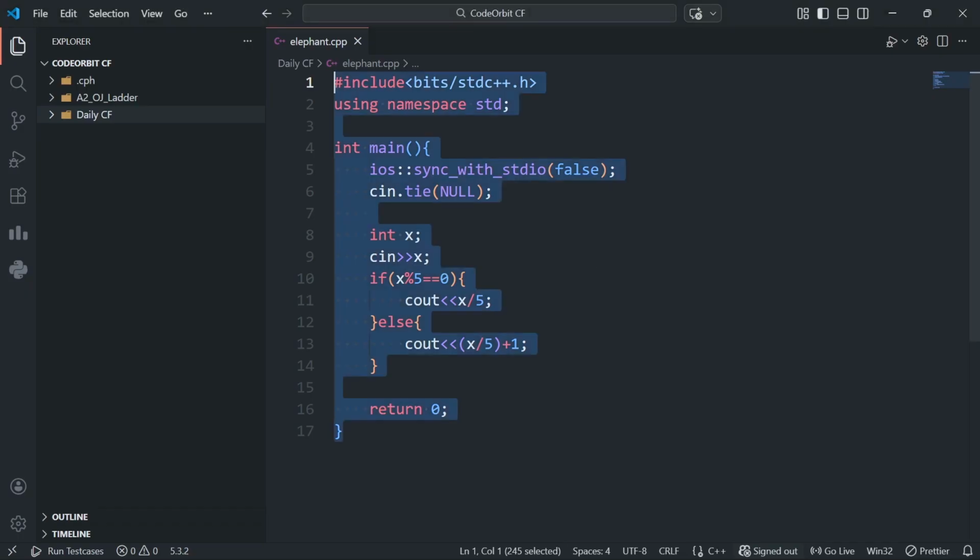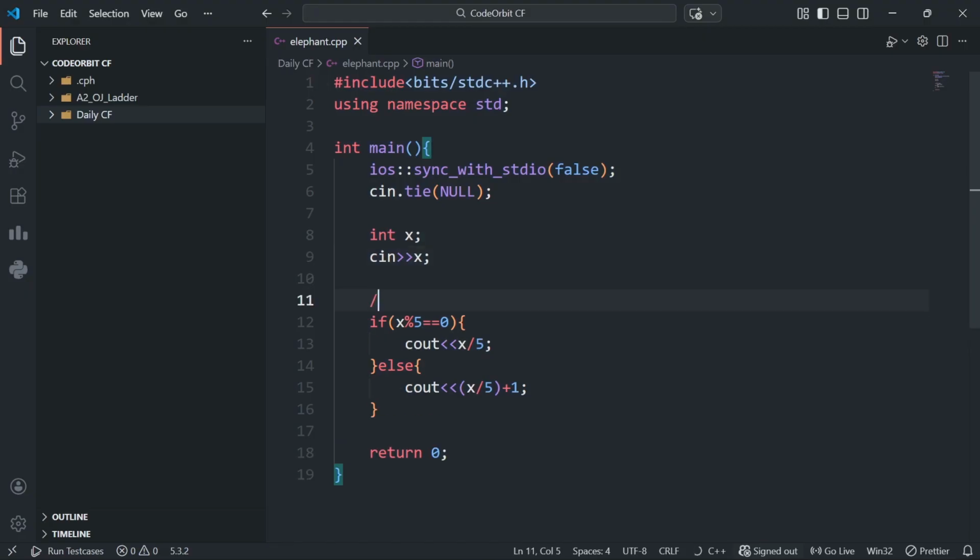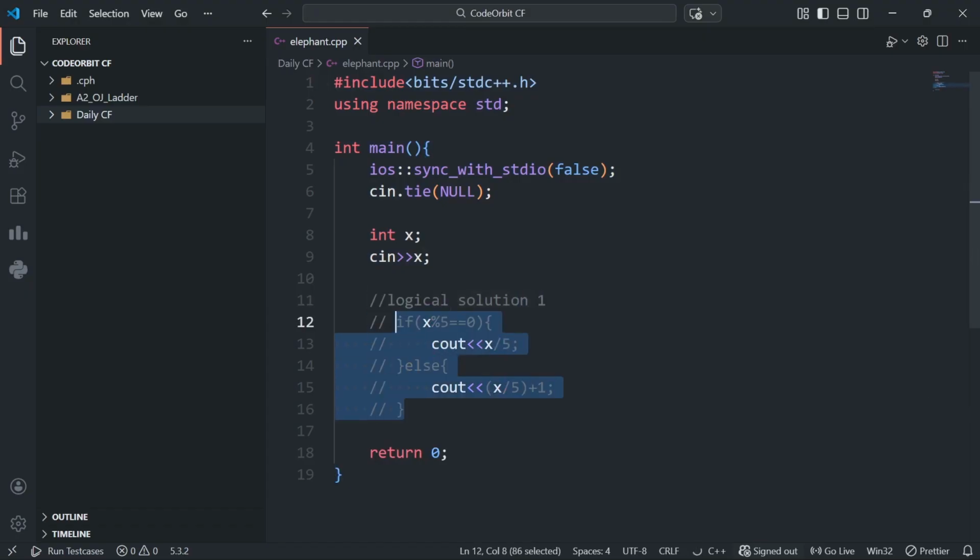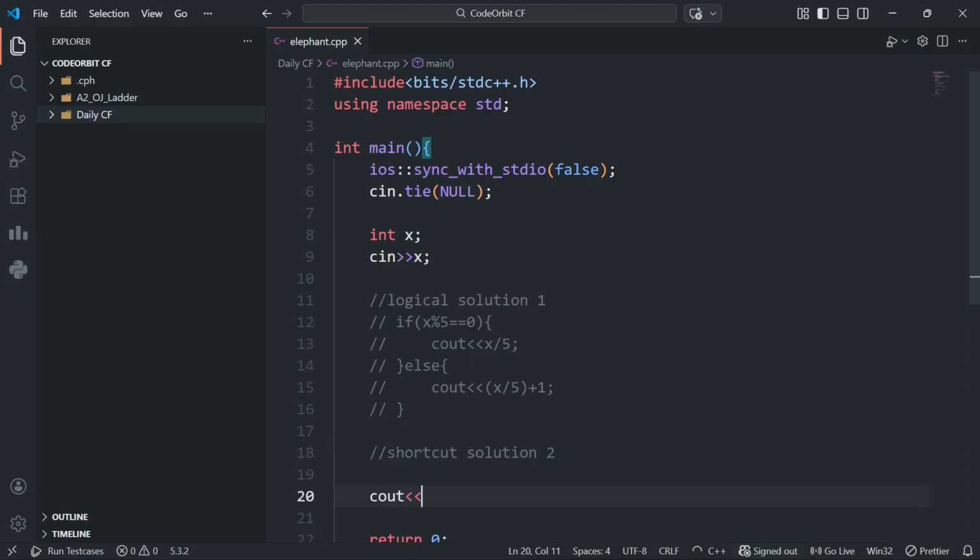Now, for the second one, what I will do is comment it out and just say shortcut solution, to which we will give x plus 4 and then divided by 5.